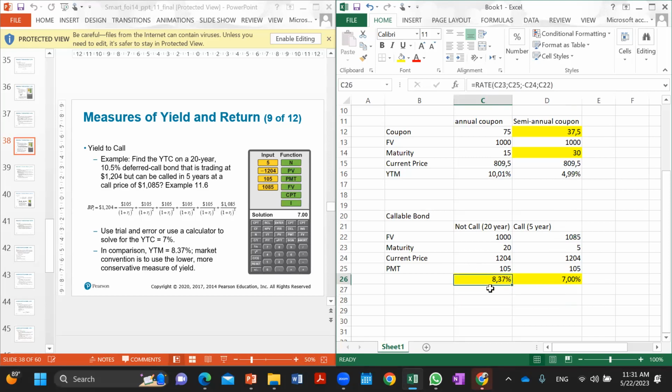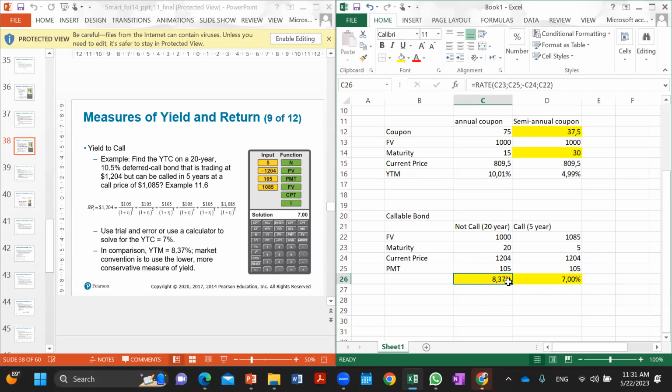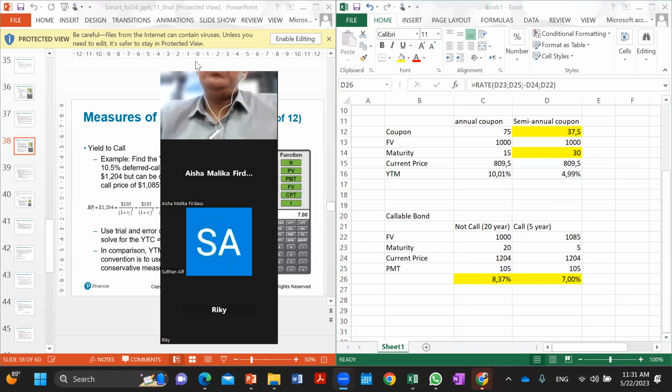So actually, the call function is not favorable for the investor because they get less in return. Before, they could expect 8.37%, but now they will only expect 7%. So this is the difference between yield to maturity and yield to call.